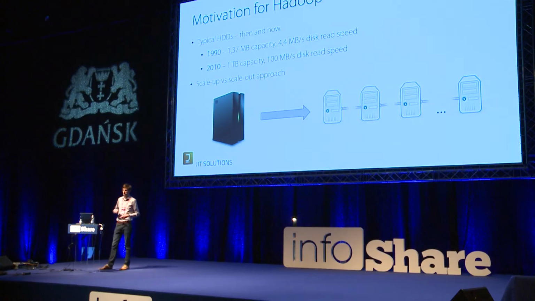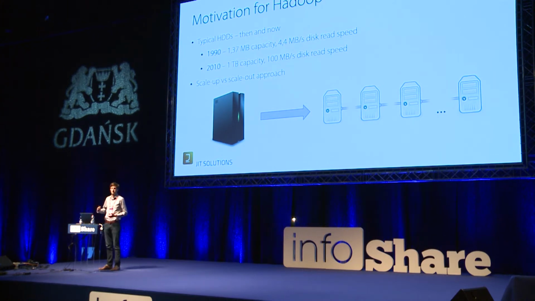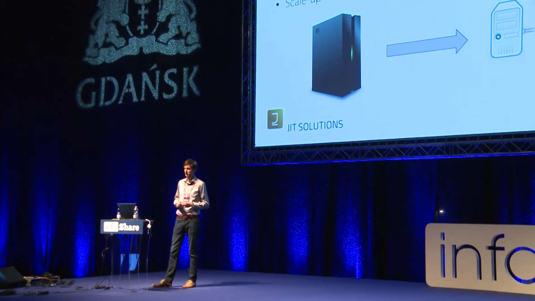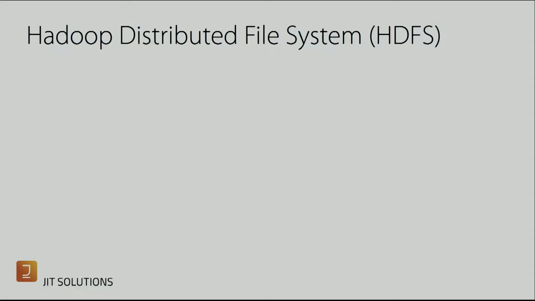Instead of using the scale-up approach, in which we would have a single processing machine, a single server, and just add more RAM and more processors if we wanted to scale our system, in the scale-out approach we add an extra node, or one or two or more, and try to maintain linear scalability of our computing power. And this is exactly the approach that Hadoop is trying to follow.